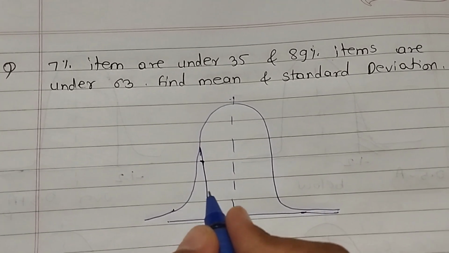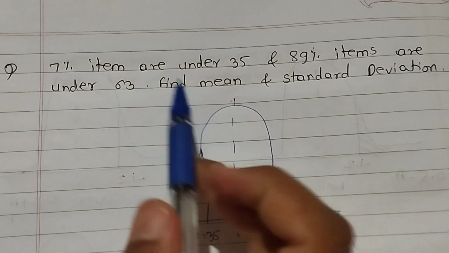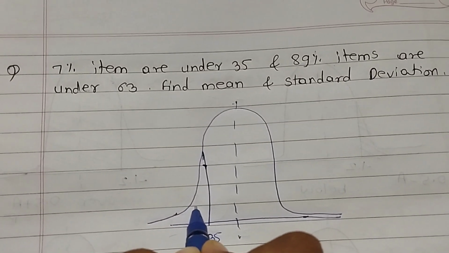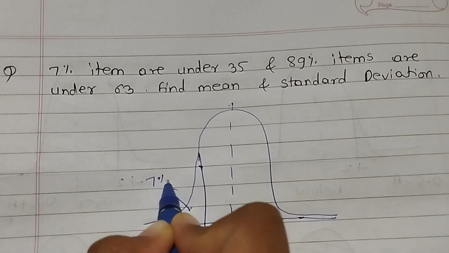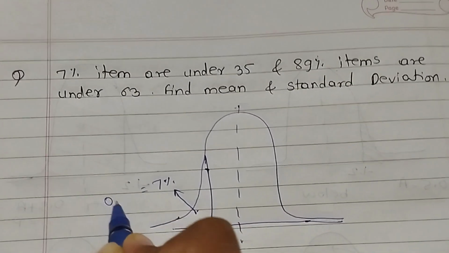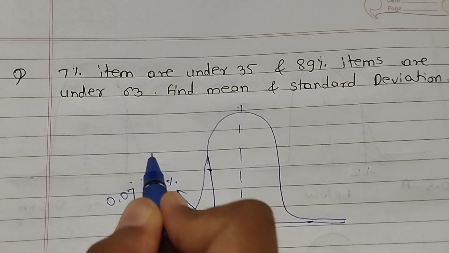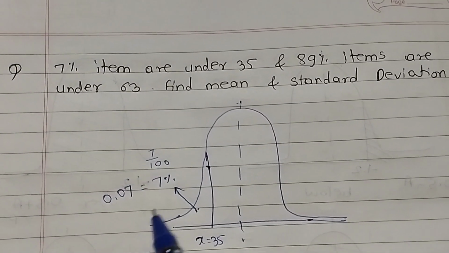So here x is equal to 35 and this is the 7%. So this portion is our 7%, and 7% we write 0.07, because 7% we know is 7 divided by 100, which is nothing but 0.07.